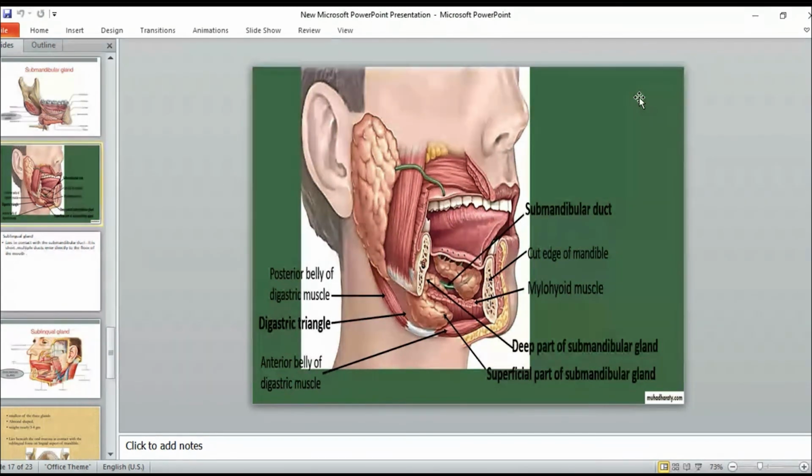We have a deep part and a superficial part, and also Wharton's duct, the submandibular duct. All these points are important for the exams. It's easy, but it needs a little concentration.